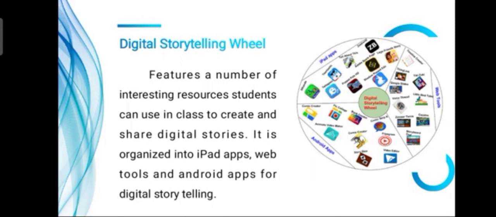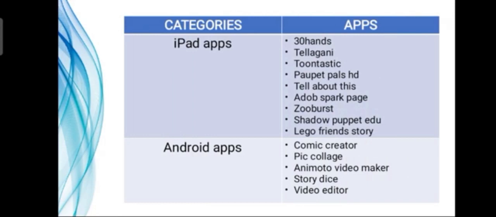These are the features of a number of interesting resources that students can use in class to create and share digital stories. It is organized into iPad apps, web tools, and Android apps for digital storytelling. So now we are going to proceed to the categories. What is included in the iPad apps?